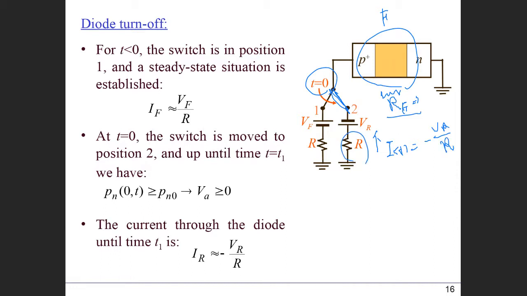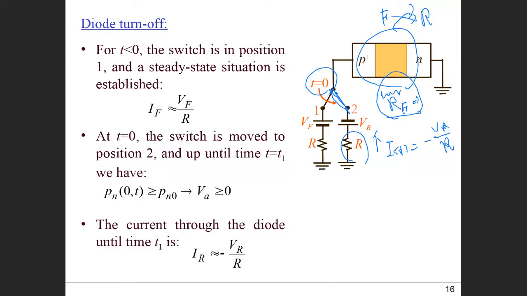Now, as time goes on, when the diode turns into the reverse bias condition, which means all the excess minority carriers are gone, then the resistance across the diode is going to increase.